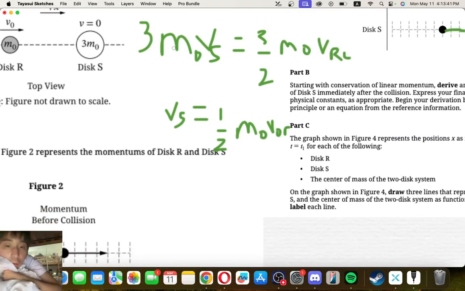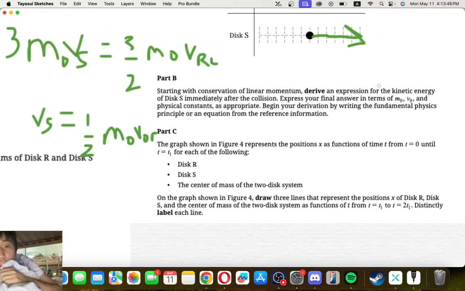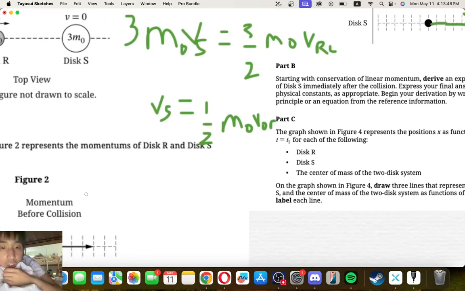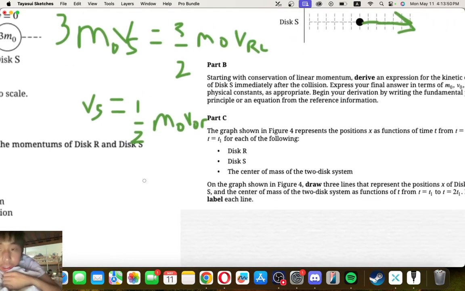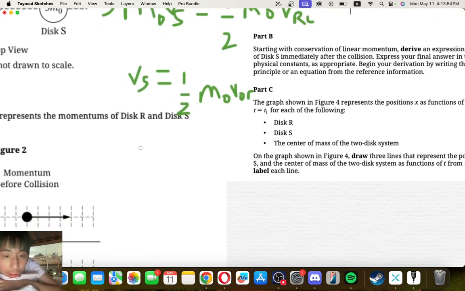Alright, so with that in mind, it says derive an expression for the kinetic energy of S. Did I really need to write this? Probably not. So Ki equals Kf. Ki we know is 1/2 MO VO squared.